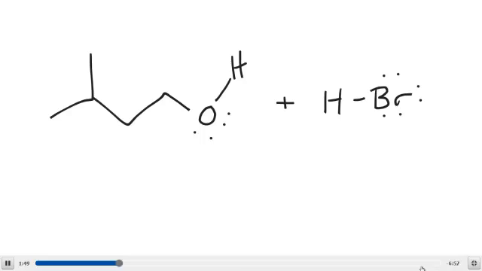It is a very strong acid. So when this HBr bond breaks, bromide or bromine will get those electrons because it is the more electronegative element. That's going to produce a proton in solution, which means somebody's going to have to pick it up, and we need that to be a base.